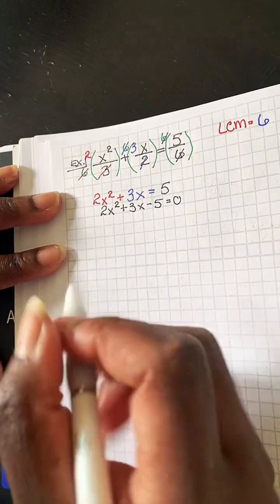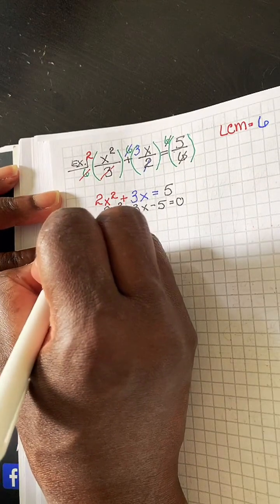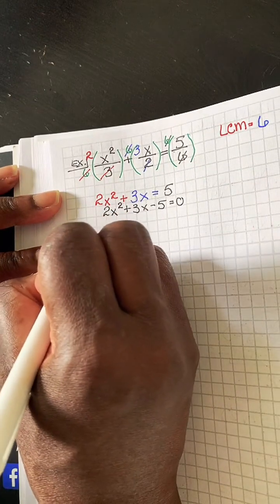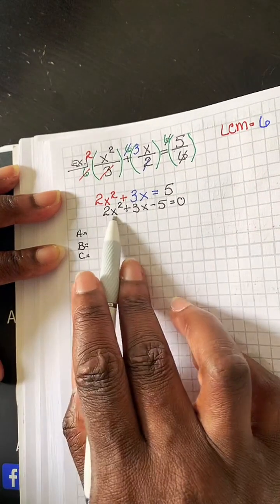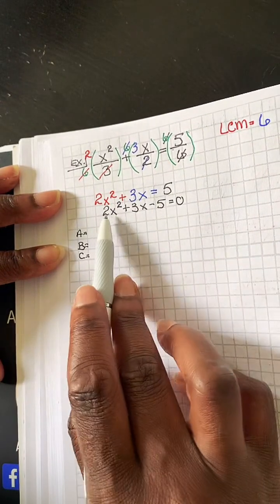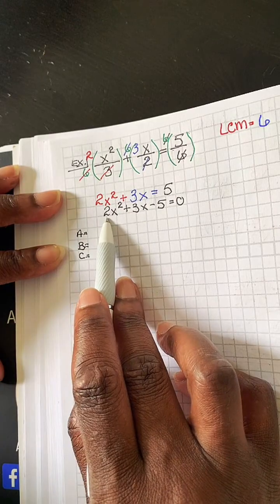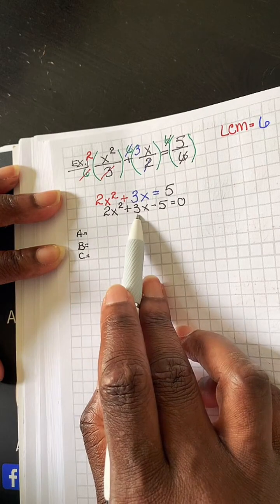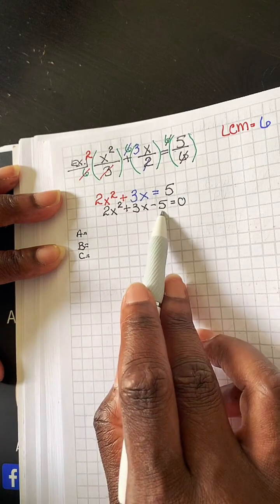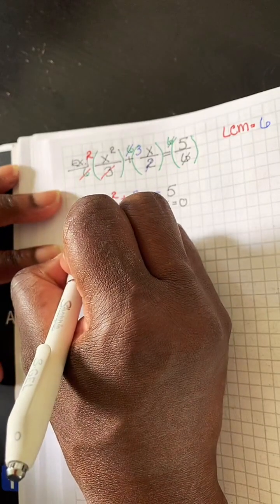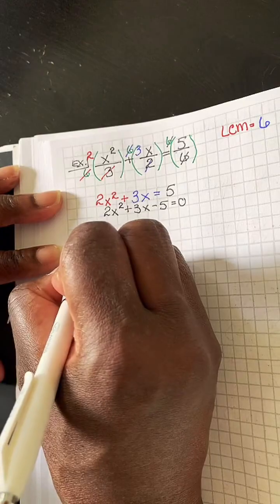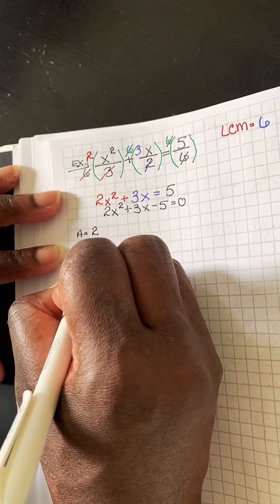Before we can do anything, we need to identify what our A is, what our B is, and what our C is, all based off of this standard form. The A is always the coefficient of your x squared, the B is the coefficient of your x, and the C is your constant. So my A is 2, my B is 3, and my C is negative 5.